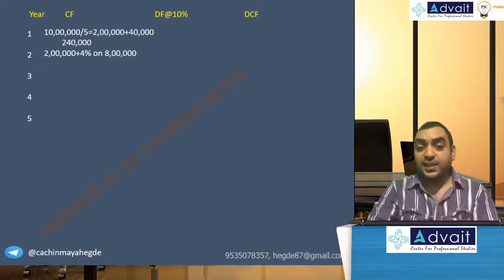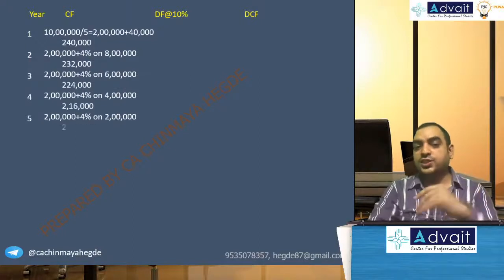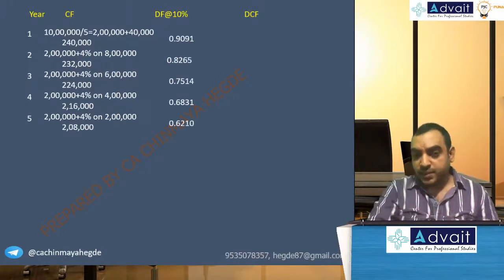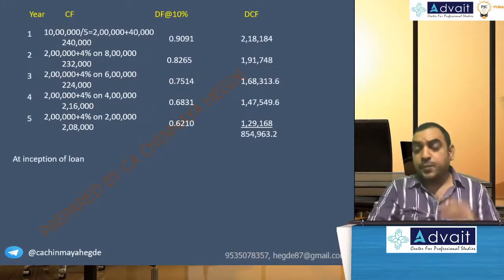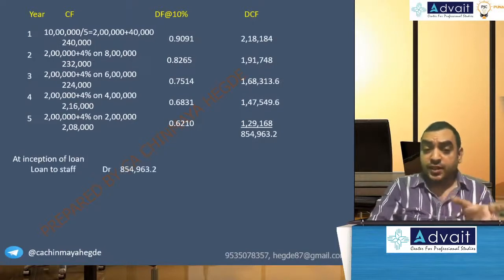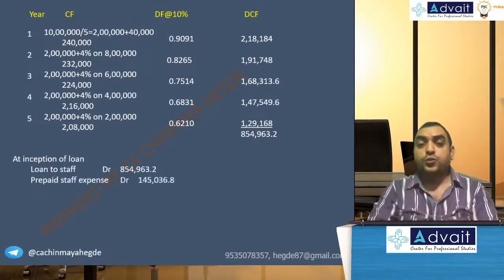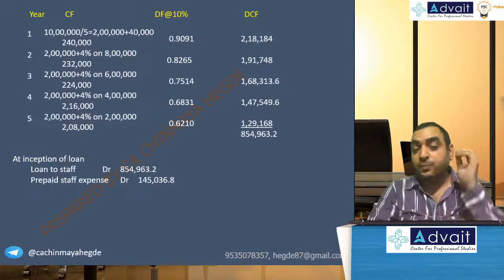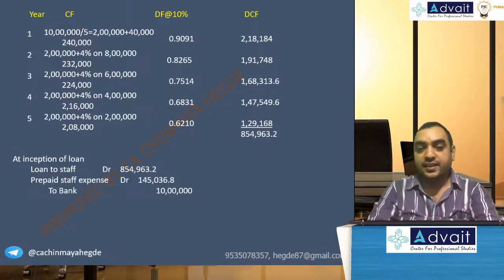Next, 2 lakh is repaid. So balance 8 lakh, 4% is 32,000 plus 2 lakh, 2 lakh 32, then 2 lakh 24, then 2 lakh 16, 2 lakh 8. Discounted at 10%, you get the present value. But the amount of loan is 10 lakh. So 10 lakh minus 8 lakh 54, you treat it as a staff advance or prepaid staff expense, which will be amortized later. This is the initial entry.